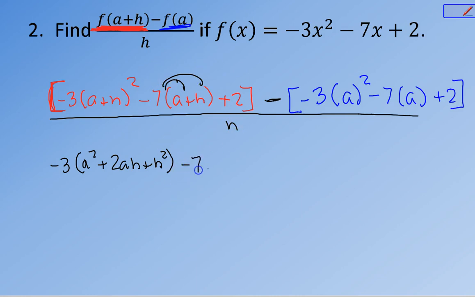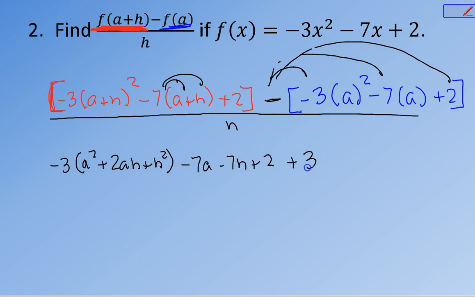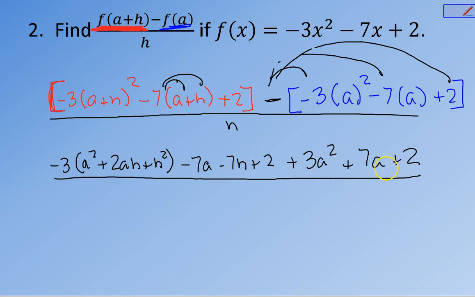So -7a minus 7h plus 2. Okay, so that's my first group. Now, could I go ahead and distribute here and here and here? Yeah. So that would be plus 3a squared plus 7a plus 2. You agree? All over h. Almost done. Come on, hang in there.